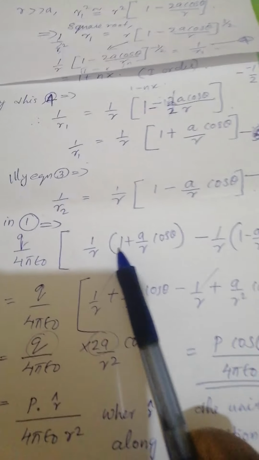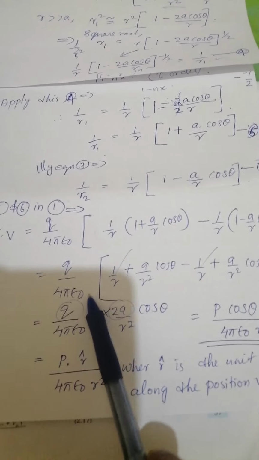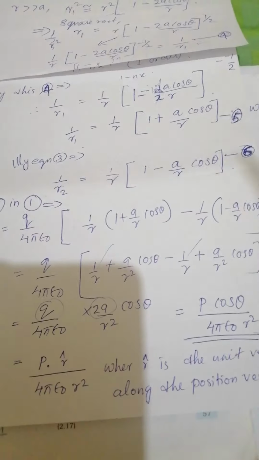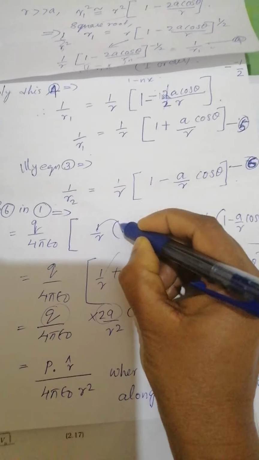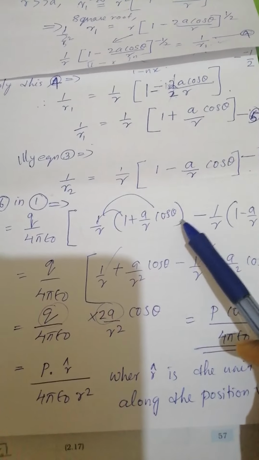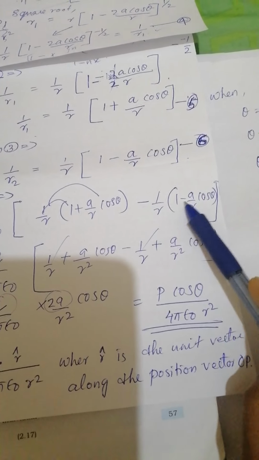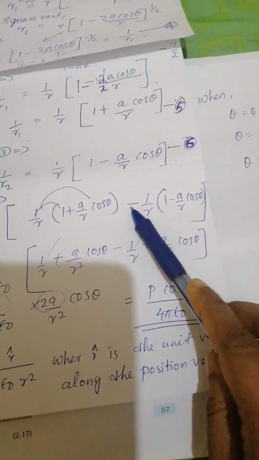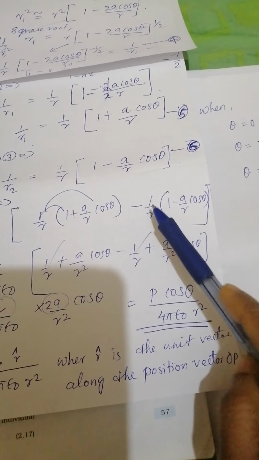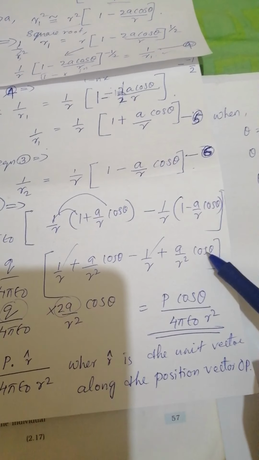Now we will expand these two terms, that is q by 4 pi epsilon 0 common within the bracket. This I am going to expand: 1 by r into 1, then 1 by r into a by r cos theta, minus 1 by r, then minus of minus is plus, plus a by r square cos theta.